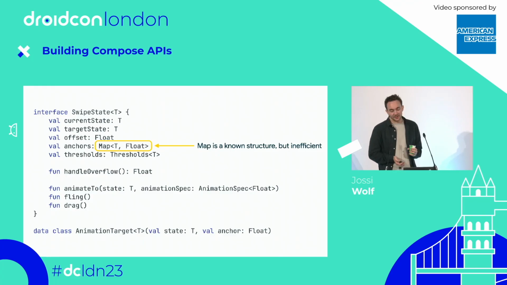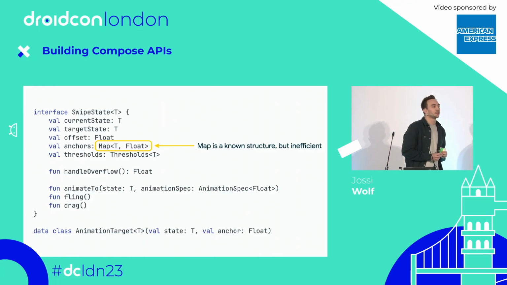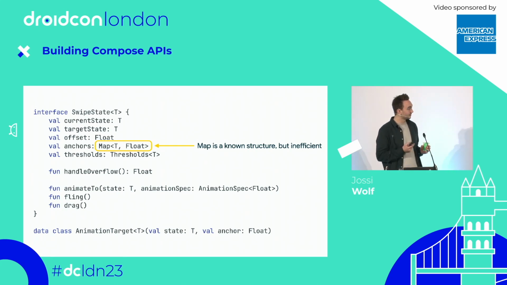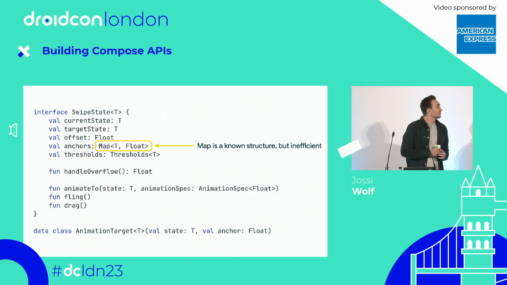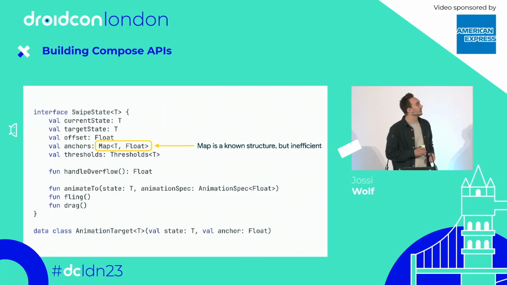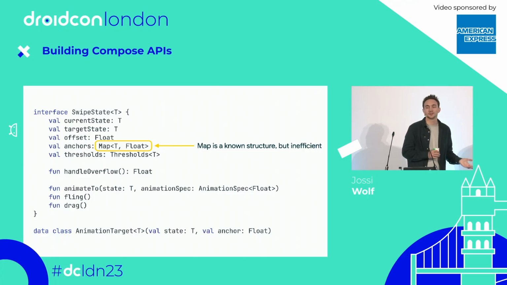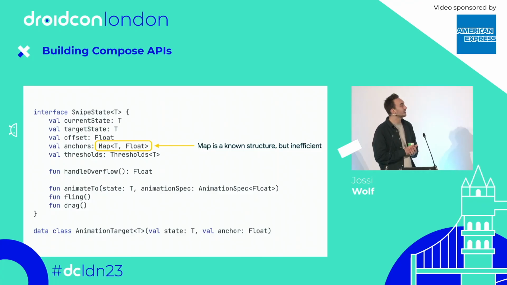There's an interesting point in using existing building blocks, because usually it's really good to use existing building blocks. For example, Map would be a great example of that. Map is something that most developers probably know, and it is fairly understandable if you spend some time looking at why we are taking a map of T and Float. But then Map is, for our use case, sort of inefficient.